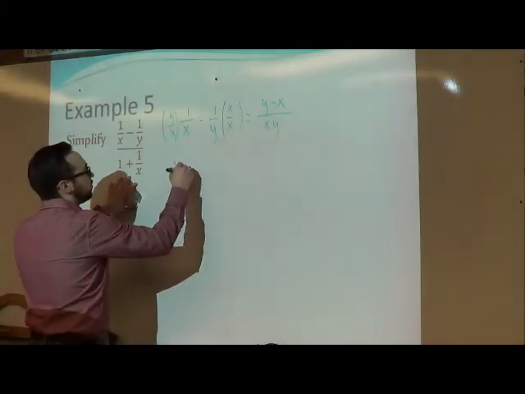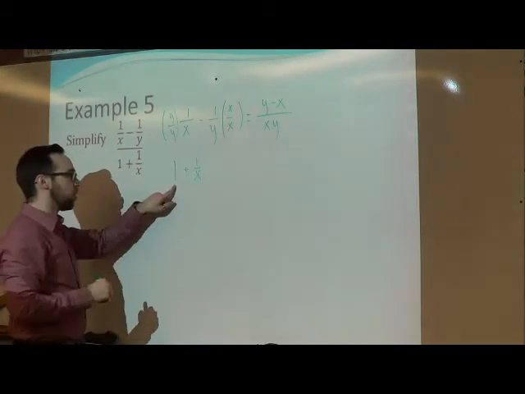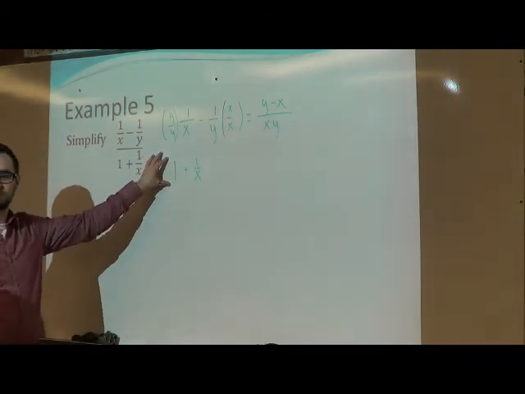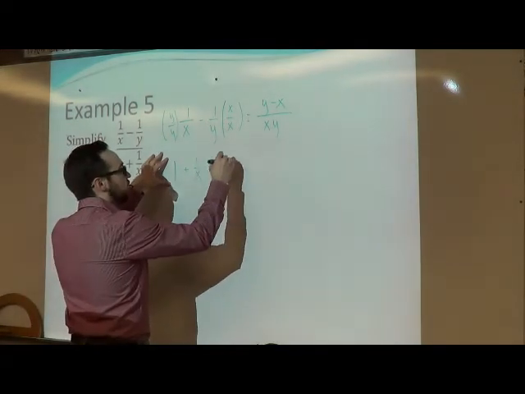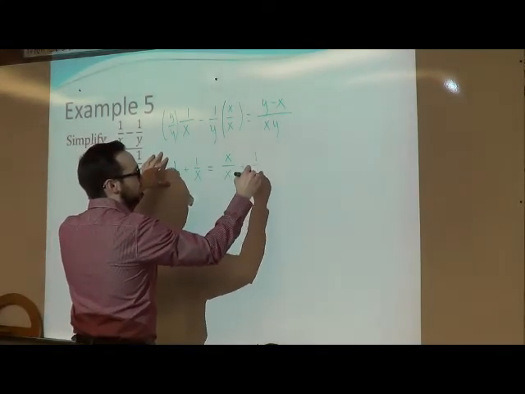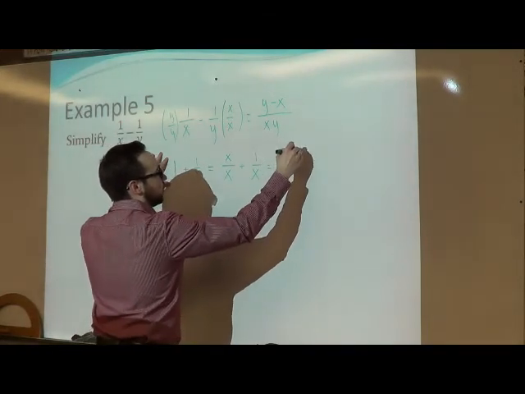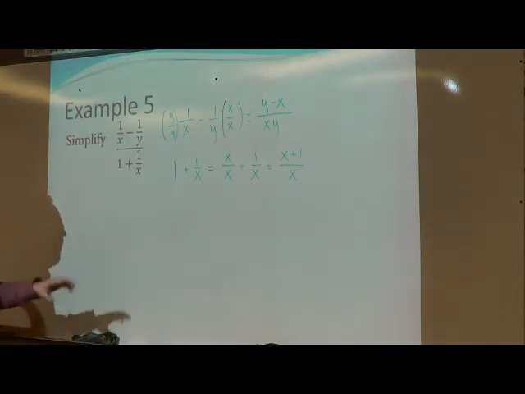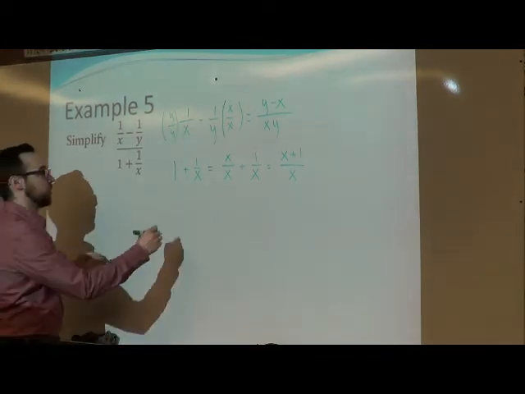We have 1 plus 1 over x. 1 is a really good thing, because you can make this whatever you want over itself. So all I'm going to do is change that into x over x. That's 1. And that will become x plus 1 over x. That's my denominator.